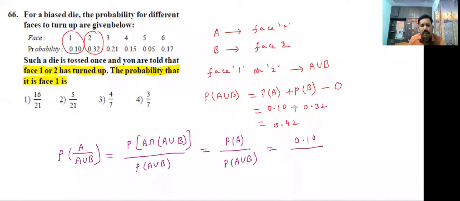P of A union B is 0.42. Okay students, now calculate this. 10 by 42. 2 fives are 10, 2 twenty-ones are 42. 5 by 21 is the answer.